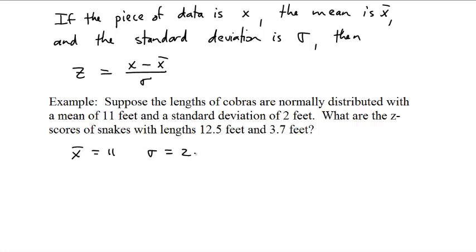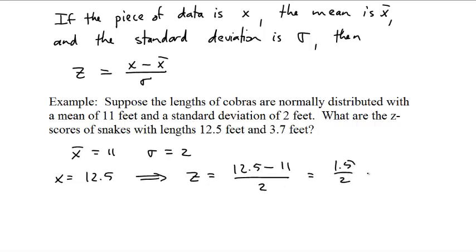Now in the first case, we have x is 12.5. So the z-score corresponding with that is going to be 12.5 minus 11 divided by 2, which is 1.5 over 2, which is 0.75.